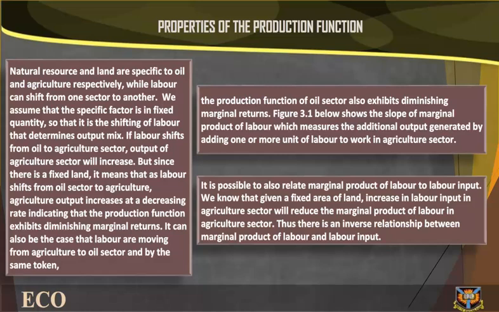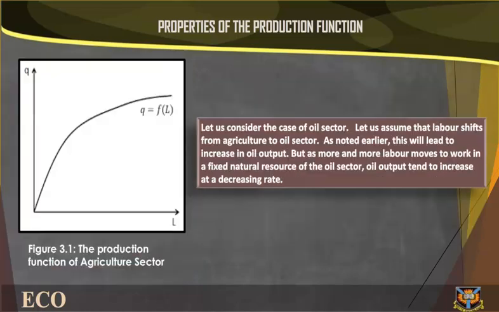Thus, there is an inverse relationship between the marginal product of labor and labor input. Let us consider the case of the oil sector. Let us assume that labor shifts from agriculture to the oil sector. As noted earlier, this will lead to an increase in oil output. But as more and more labor moves to work with the fixed natural resource of the oil sector, oil output tends to increase at a decreasing rate.